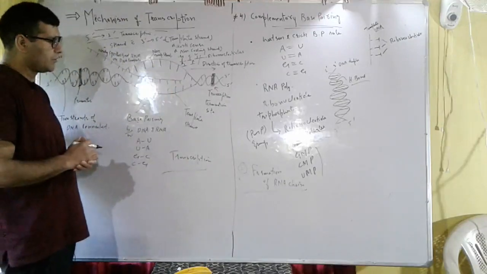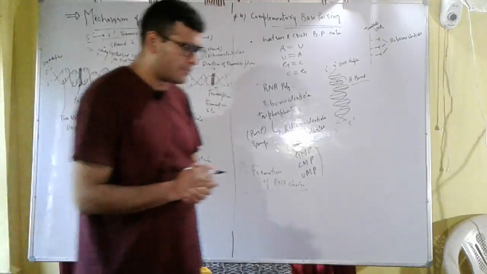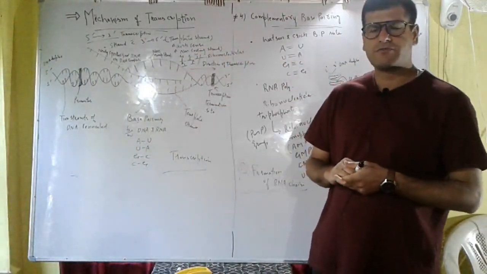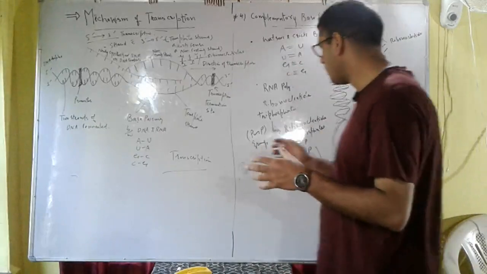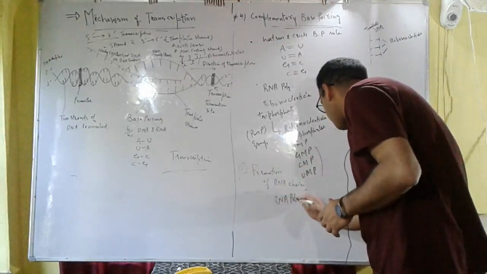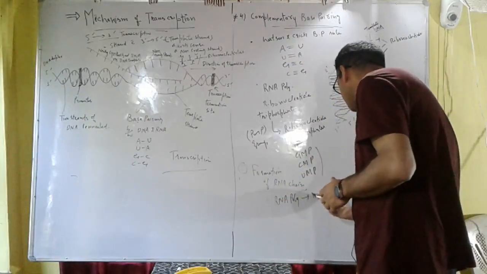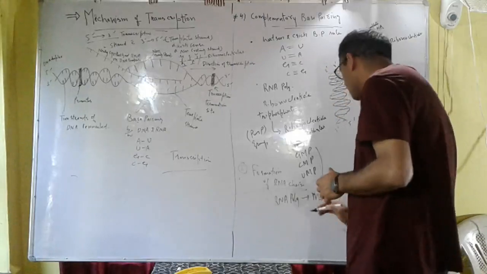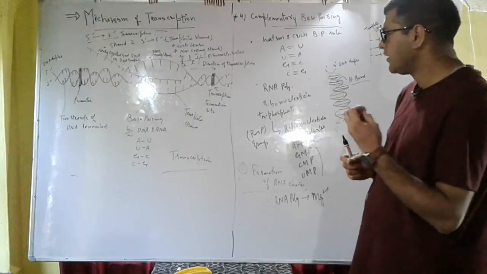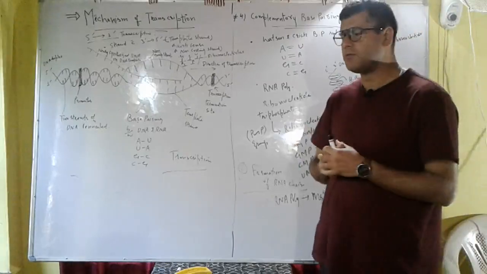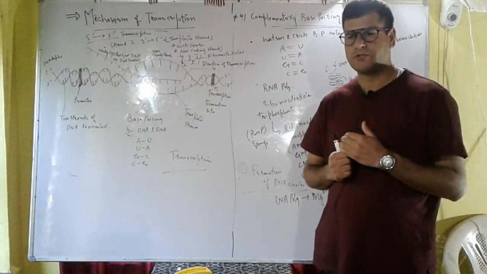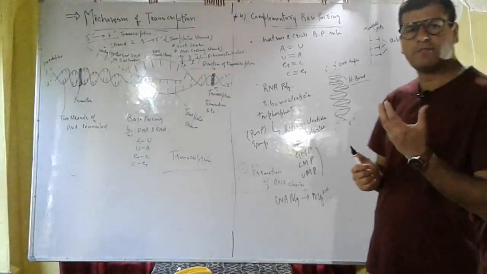That means with the help of magnesium, this RNA polymerase forms a phosphodiester bond between the adjacent ribonucleotide monophosphates, so that this RNA chain will become continuous.